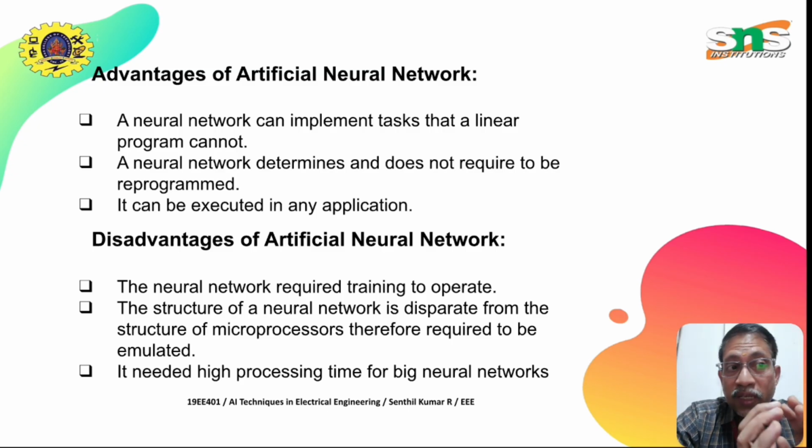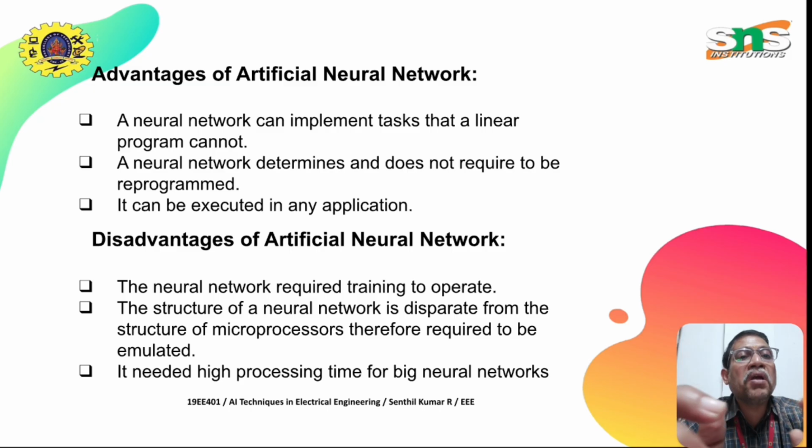And since there is a very high number of parallel processing units similar to our brain, it needs a high processing time. The high processing time is one of the main disadvantages of the artificial neural network.